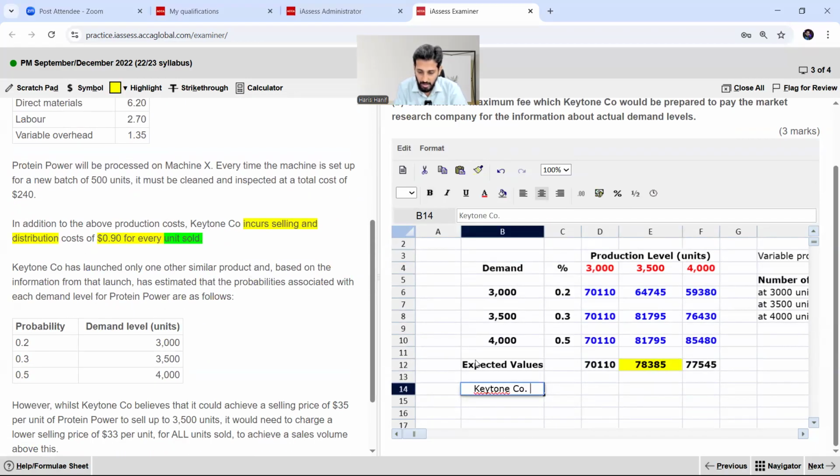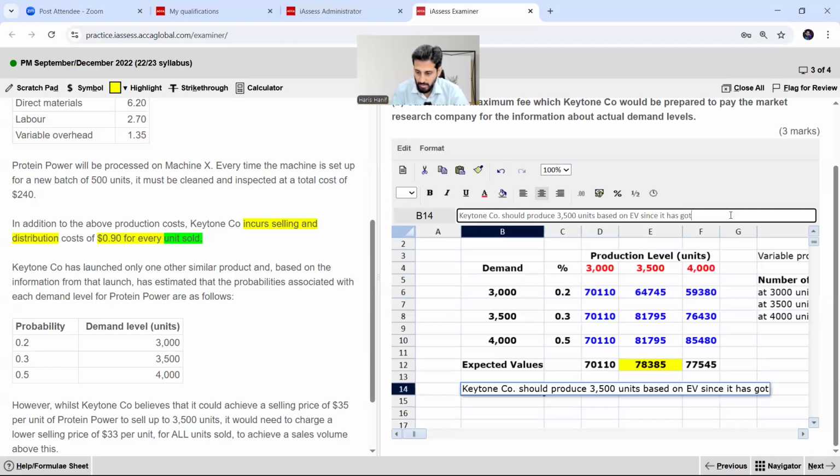Ketone company should produce 3,500 units based on expected value, since it has got the highest EV.